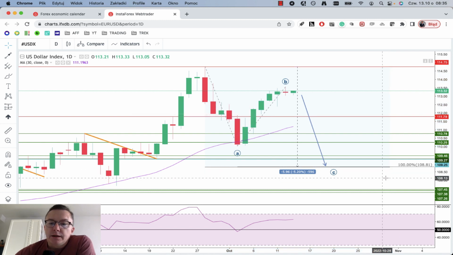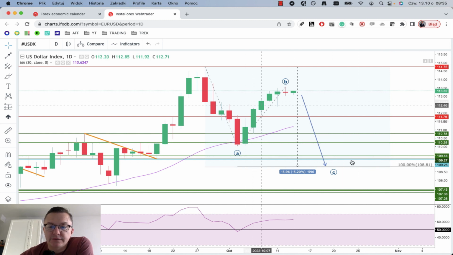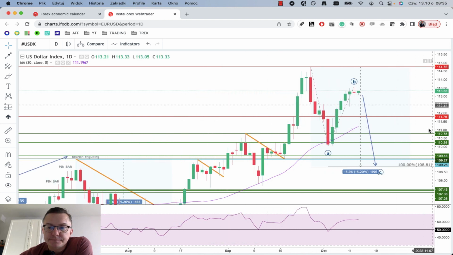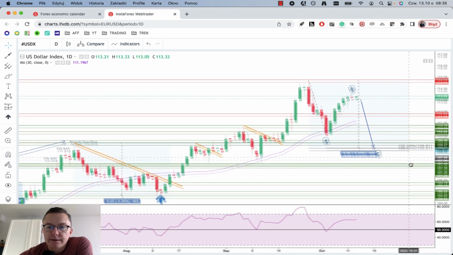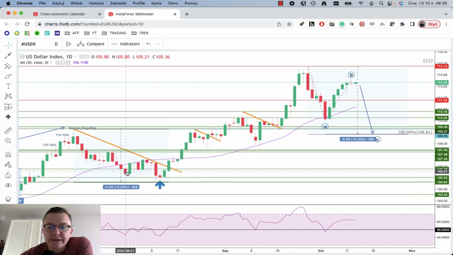Okay, so we need to wait and see, because this kind of move is something unnatural for the wave B. However, it's in line with the larger time frame trend, which is of course up. So any violation of the swing high will bring another wave of buying spree, and we might not see the 5.2% decrease towards the 100% Fibonacci projection.